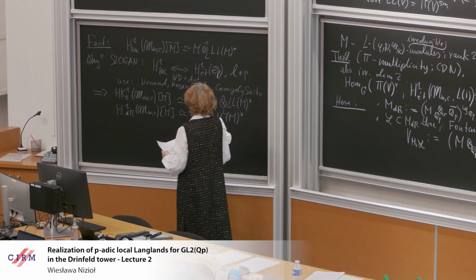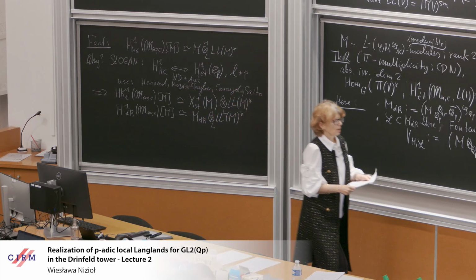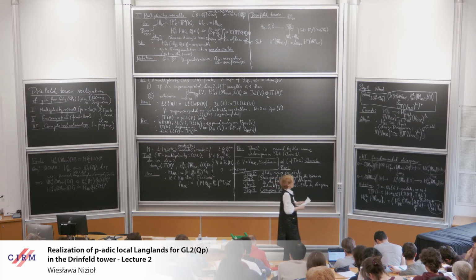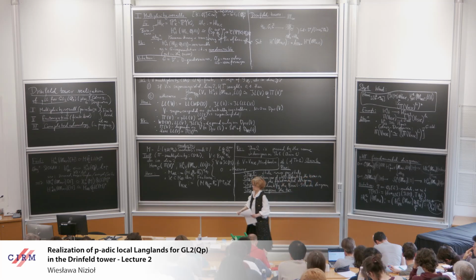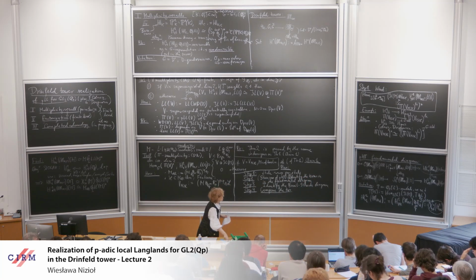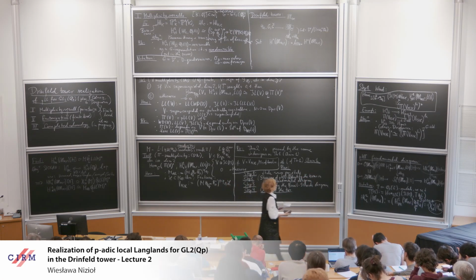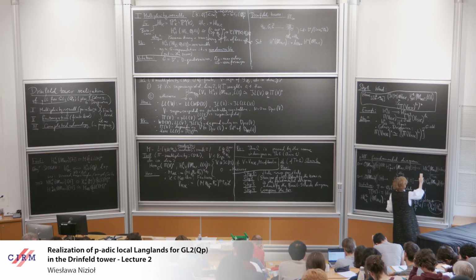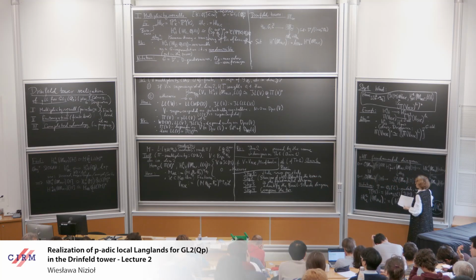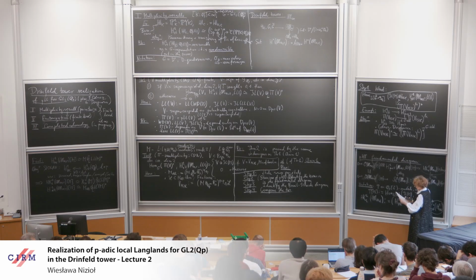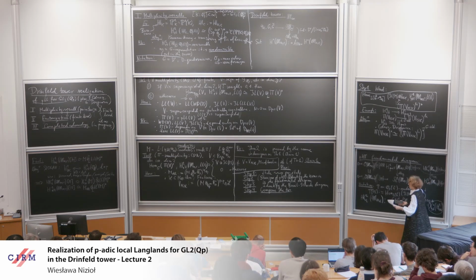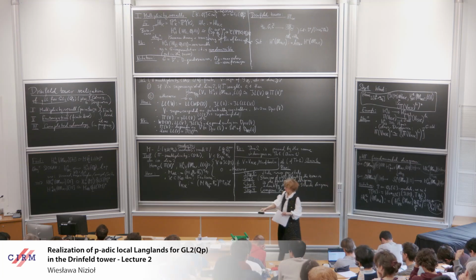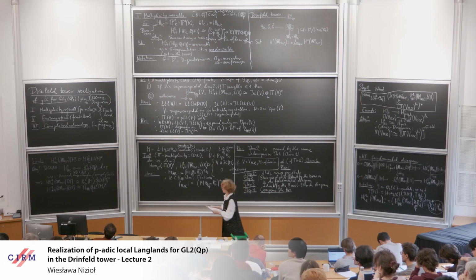So I could simplify these two on the right. If I do that, then, do I want to do that? Maybe I don't want to do that. Sorry. I have to write one more diagram.